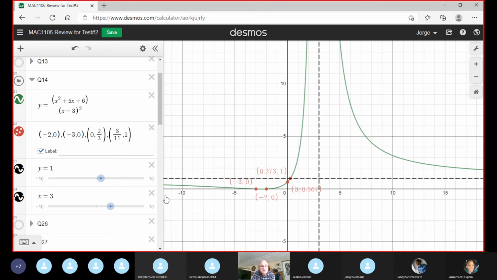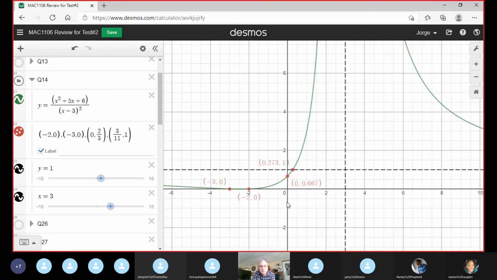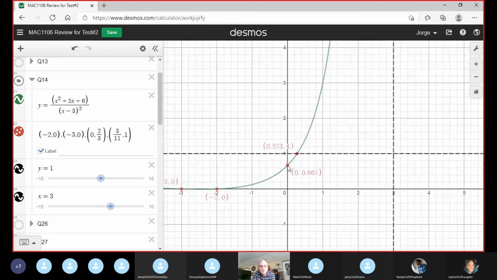What is the typical four points? This is the y-intercept, which is positive 2. We found two x-intercepts, negative 2, 0 and negative 3, 0. And we found also the super important point where the curve crosses the horizontal axis, 3/11, 1.